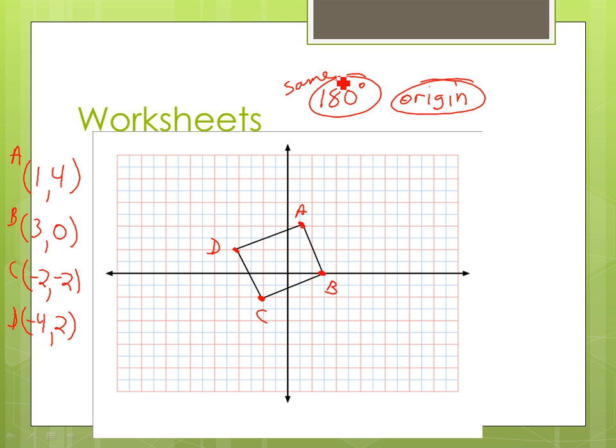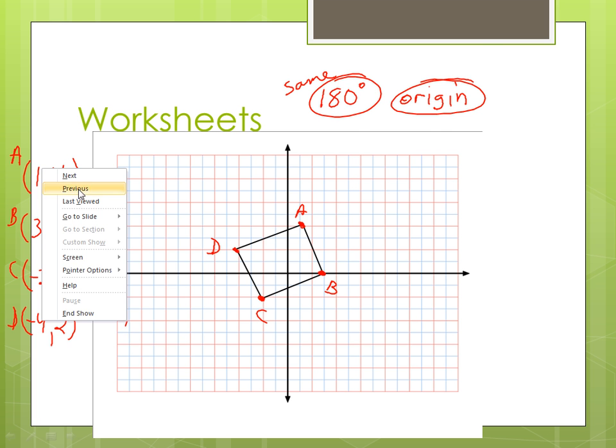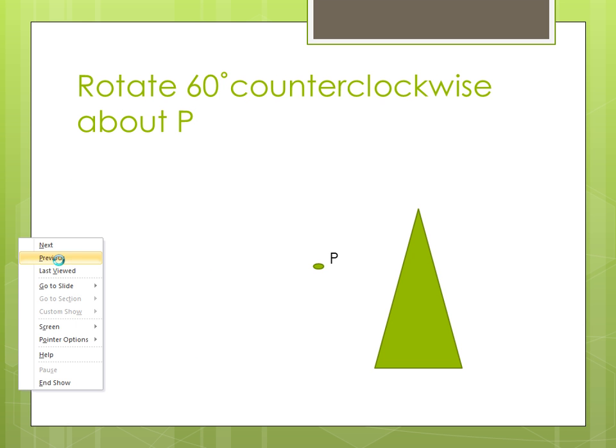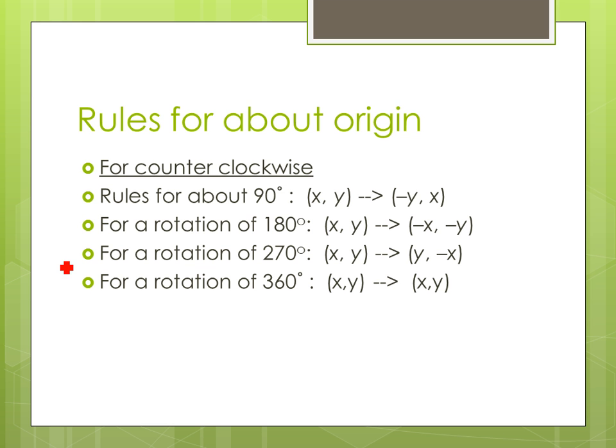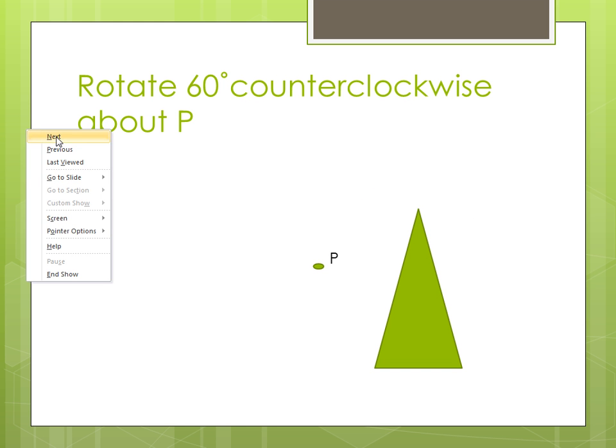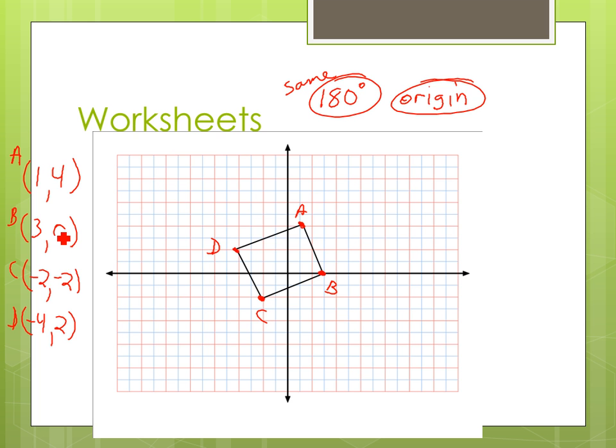The rule, if we go back, we want 180 degrees clockwise or counterclockwise, it doesn't matter. The rule is (x, y) goes to (-x, -y). So it leaves the ordered pairs in the same order, but does the opposite of both of them.